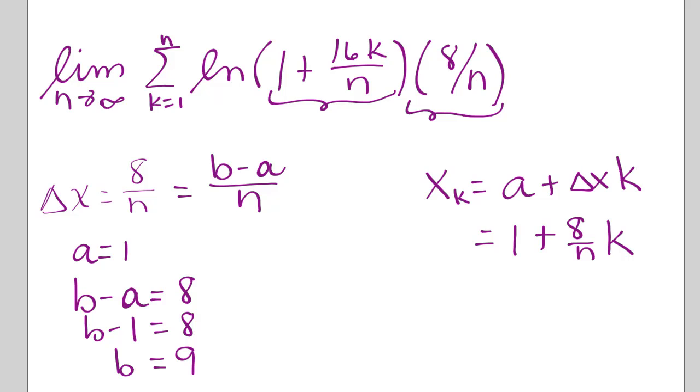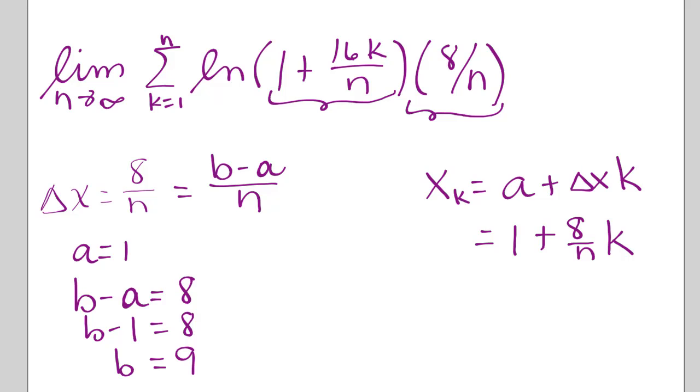In our natural log function, we've got 1 plus 16k over n. What that means is that this is not simply the natural log of x. It's the natural log of something else, and we need to figure out what that something else is.